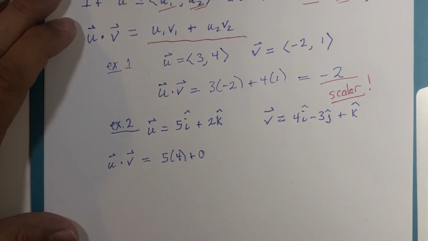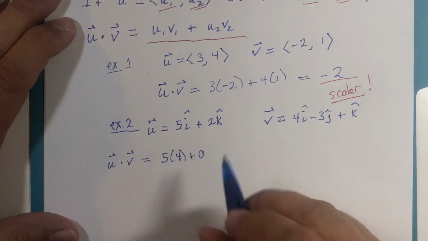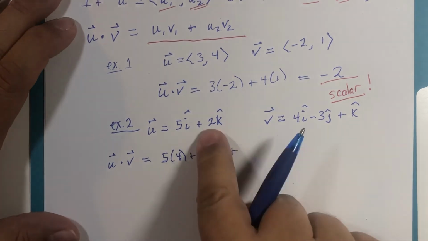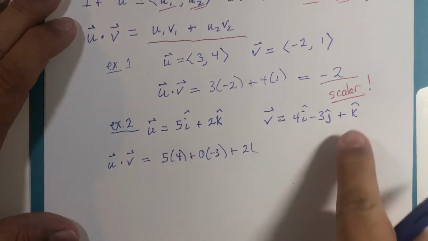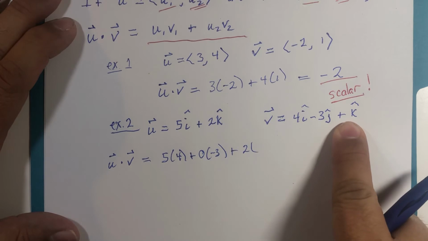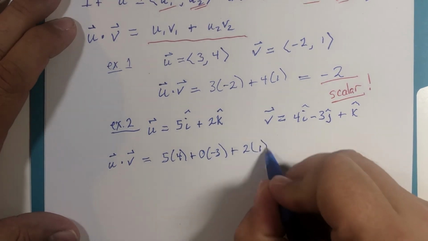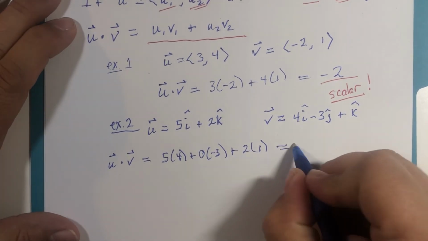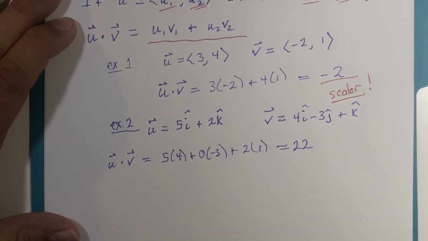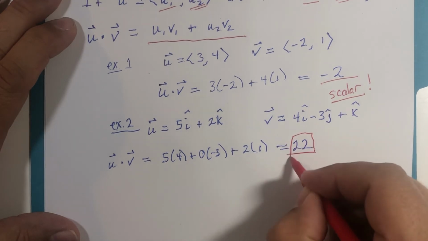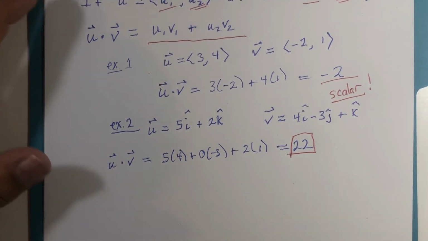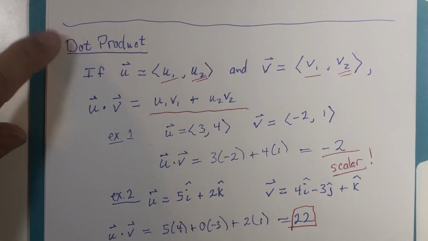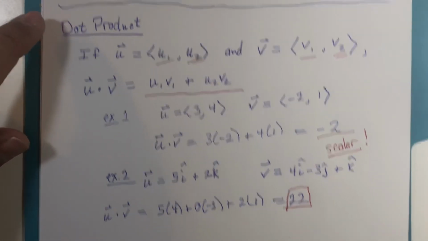Check your wallet. 0 is a real number. 0 times negative 3 plus 2 multiplied by, what's the coefficient here? That's right, it's a 1. 20 plus 0 plus 2 is 22. Again, not a very difficult calculation, but there is really no meaning here to it so far.